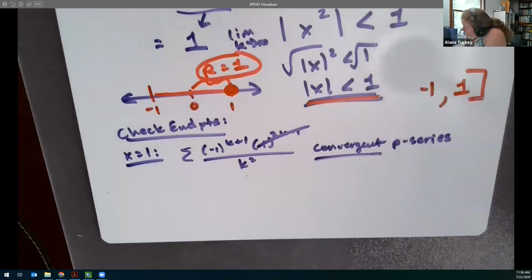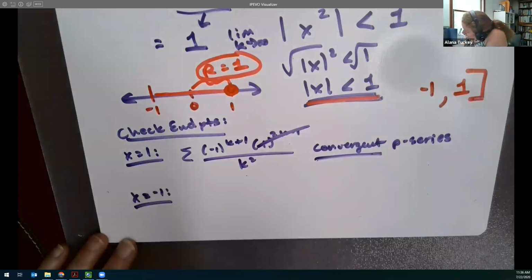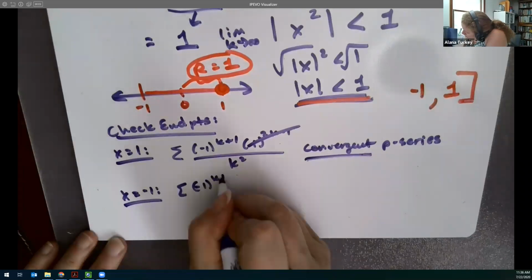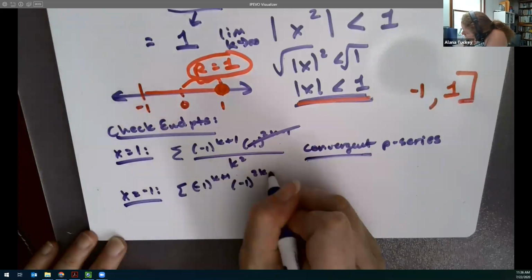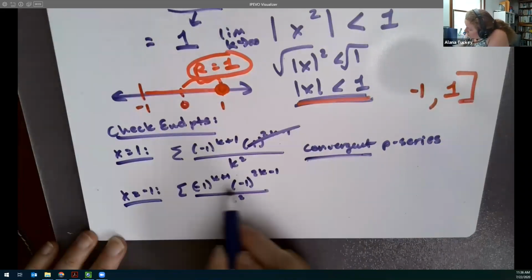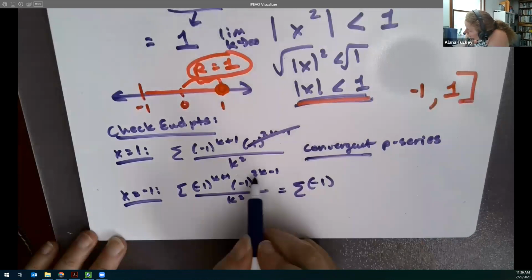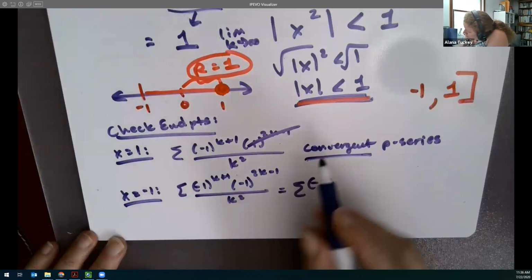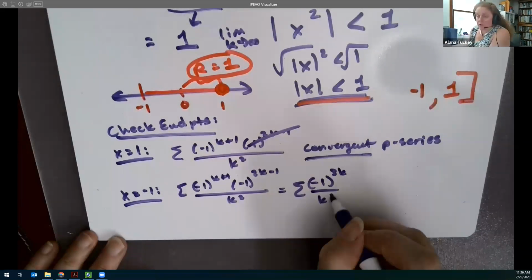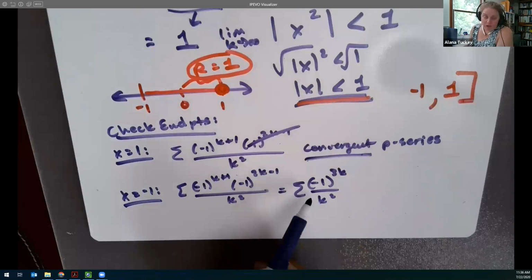Speaking of which, let's check x equals -1. So I would have -1 to the k plus 1 times another -1 to the 2k minus 1 over k squared. Well, you just add the powers here. It's -1 to the 2k plus another k, which is 3k, over k squared, because the ones will cancel since you're adding them. And again, that's an alternating p series. The alternating is irrelevant.